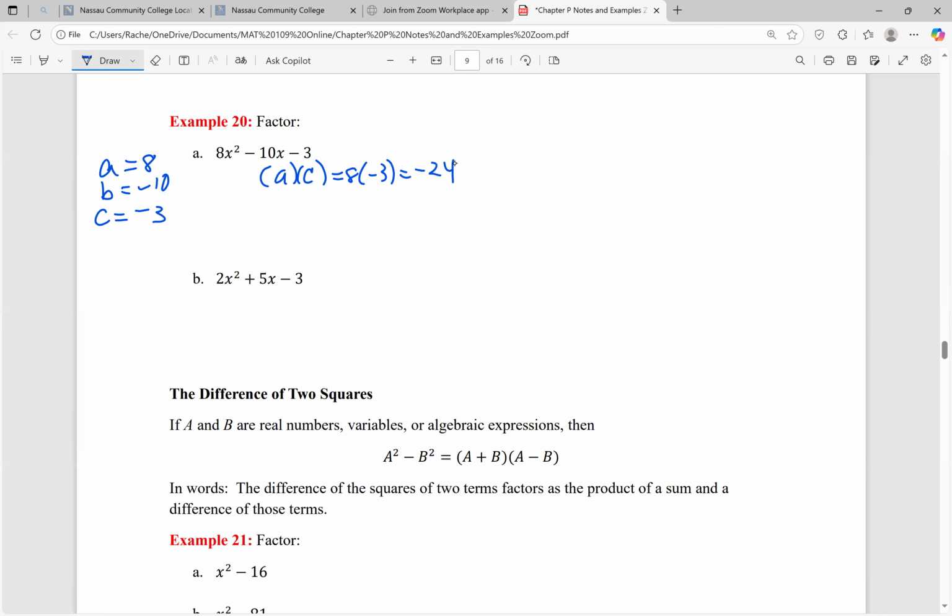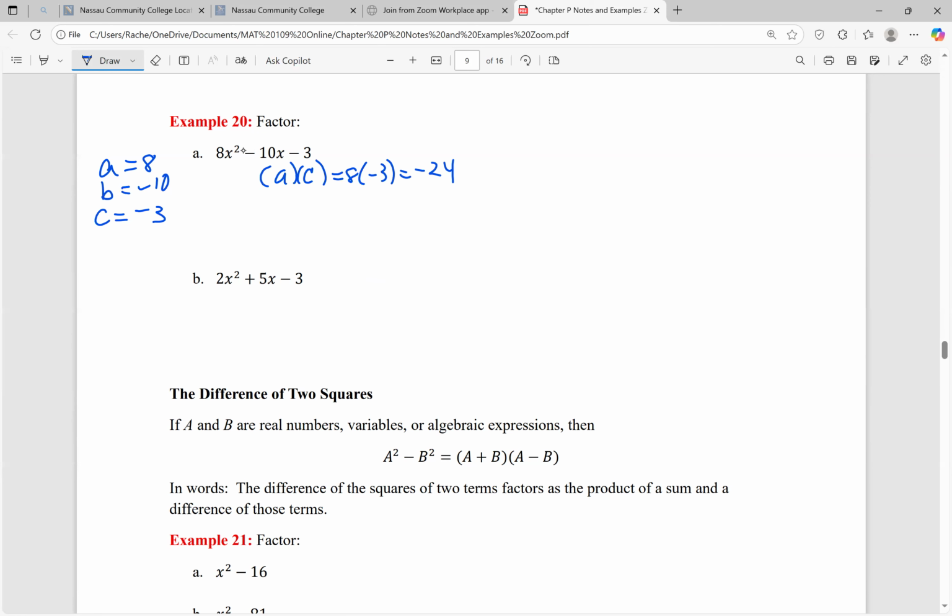So now we need to think of two numbers that multiply to negative 24, but are going to add up to b, which is negative 10. I'm thinking it has to be negative when we multiply, so one's going to be positive, one's going to be negative.